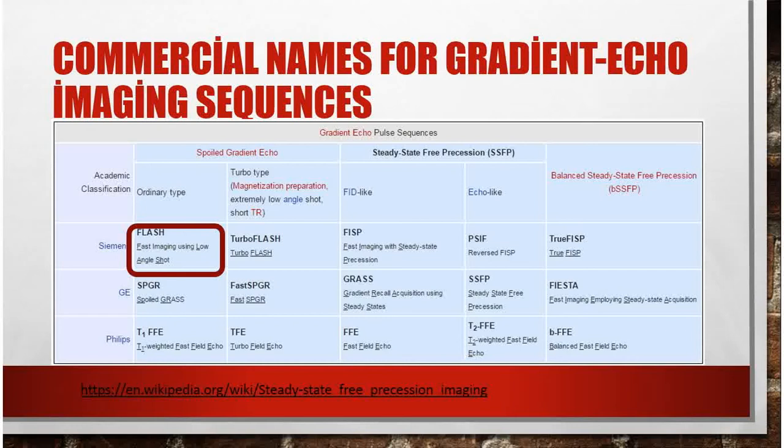And from this table you can also see that flash is one of the gradient echo pulse sequences, and it's also spoiled gradient echo.